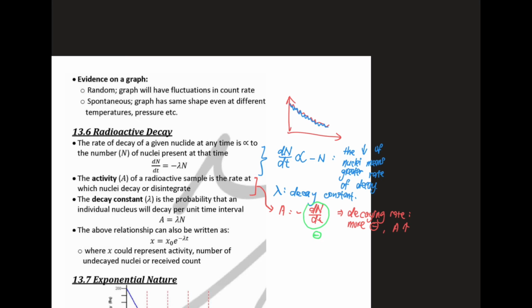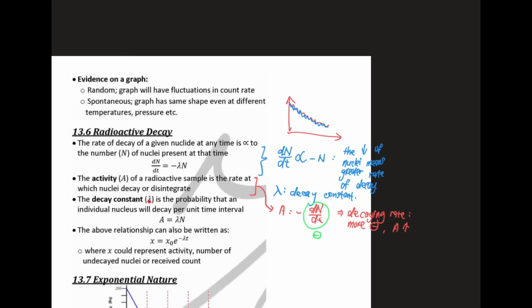That means if they decay very, very fast, then the activity is very big. Okay. Then next one, the decay constant, lambda, is the probability that an individual nucleus will decay per unit time interval.